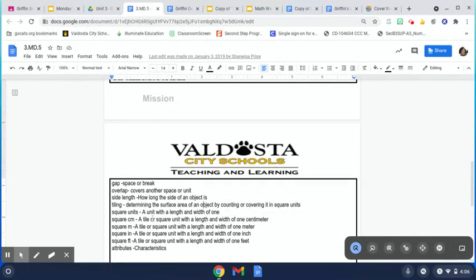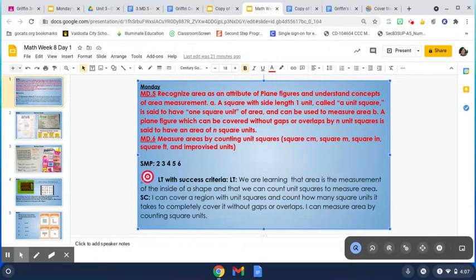Square units, a unit with the length and width of 1. B, a plane figure which can be covered without gaps.